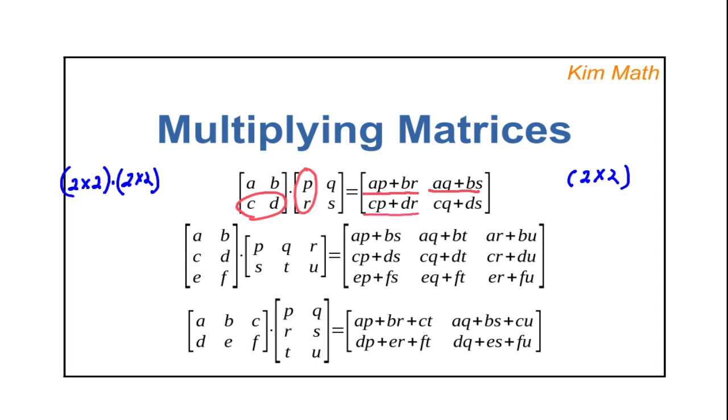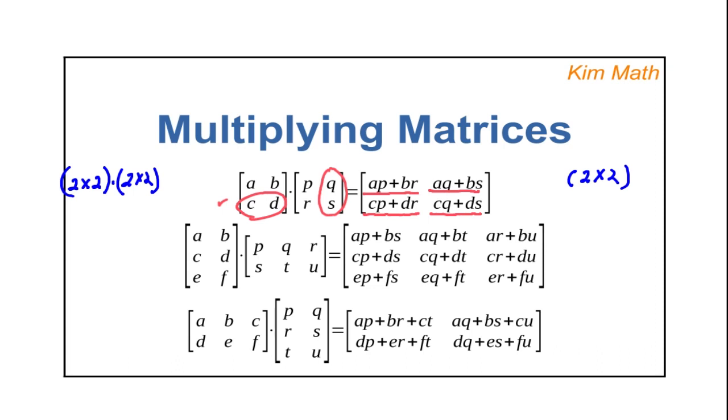CP plus these two things, DR. Can you see that? Okay, and for this element, second row, second column, please choose the second row here and the second column. And CQ plus DS. Can you see that?